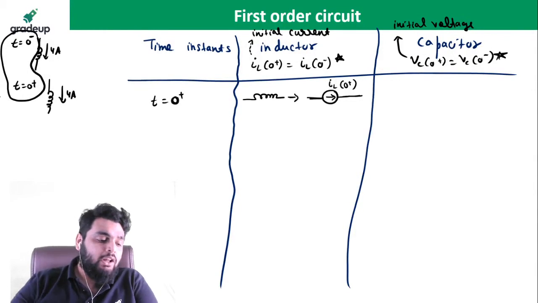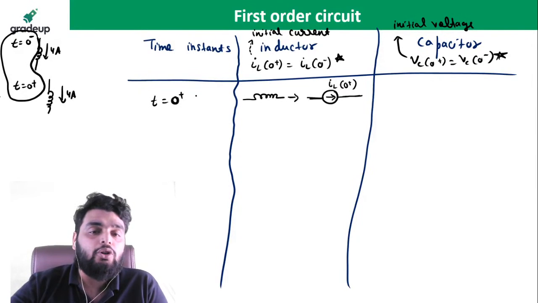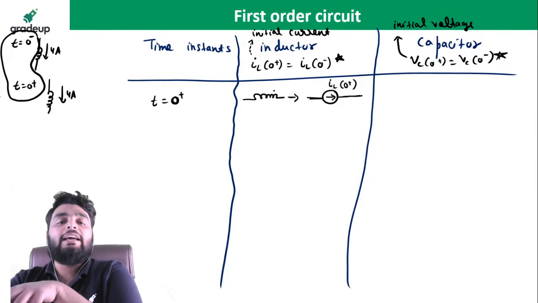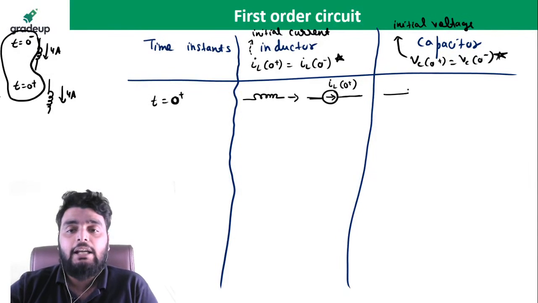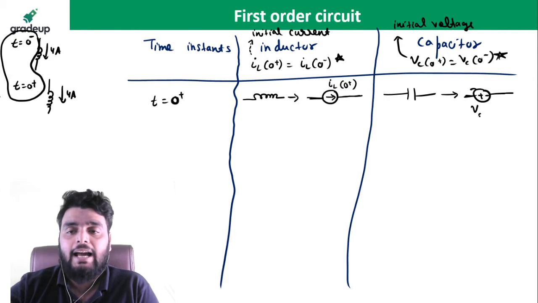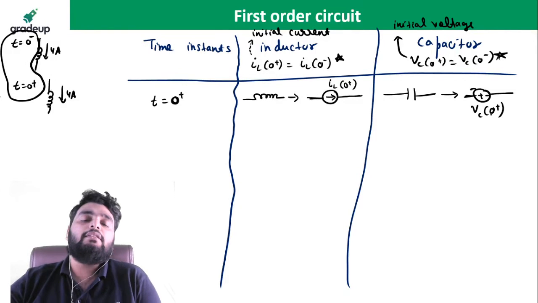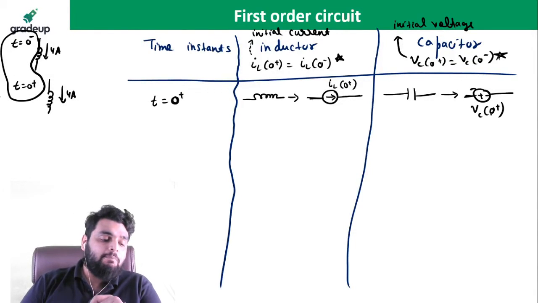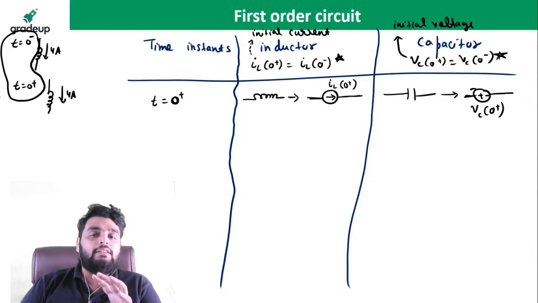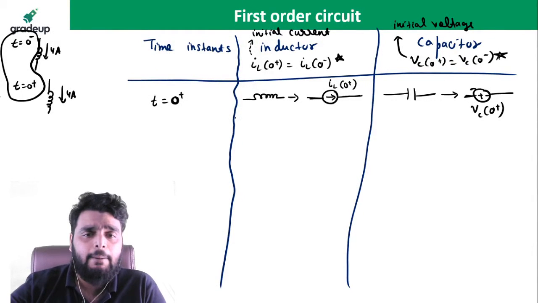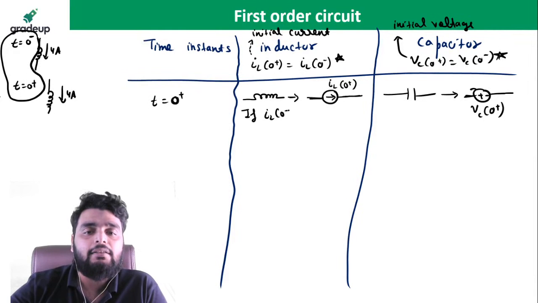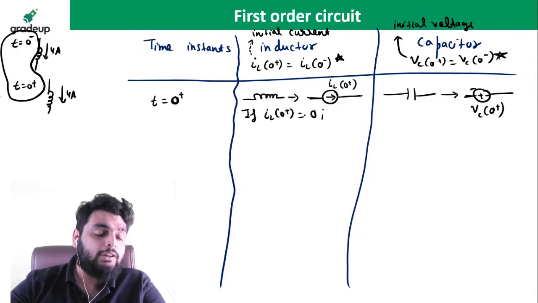So at t equal to 0 plus, the inductor behaves like a current source, and the capacitor behaves like a voltage source, and the initial value is VC(0+). Very important. Now, if IL(0+) is 0, it means the inductor is not charged initially.